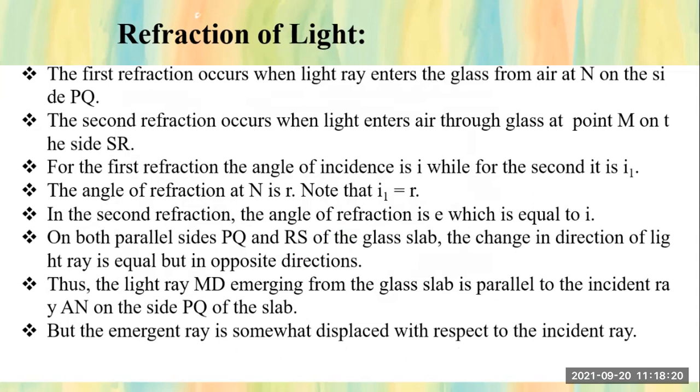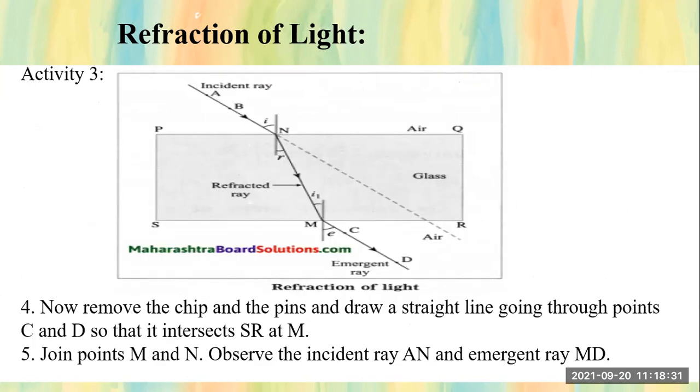The angle of refraction at N, capital N, is R. Note that I1 is equal to R. Now see, when light is refracted from air medium to glass medium, the angle of refraction is R. And what, students?